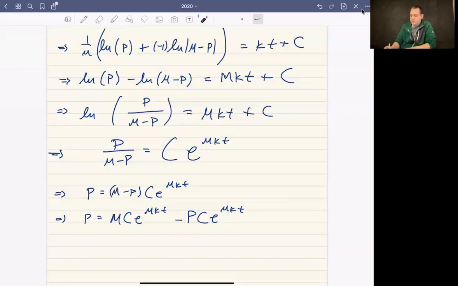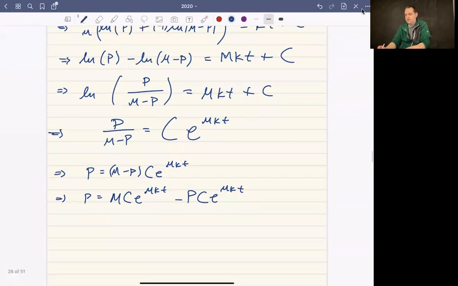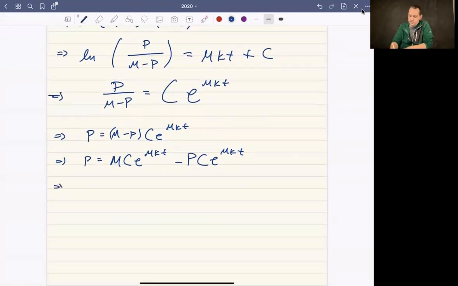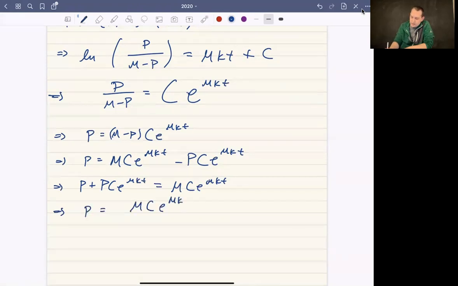Anyways, let's solve for p. So I'm going to add pc e to the mkt to both sides. So pc e to the mkt plus mc e to the mkt. And then finally, we'll divide by everything that we get when we factor out the p. So our population is going to be mc e to the mkt all over 1 plus c e to the mkt.